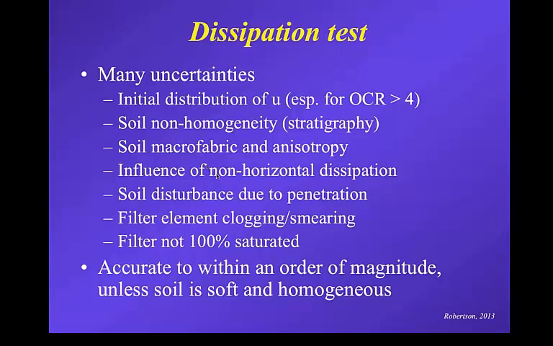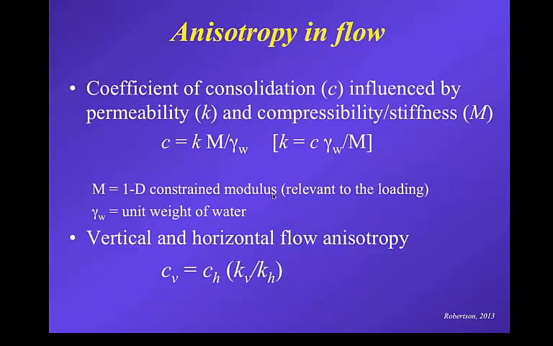So there are many uncertainties. The big one is the initial distribution, particularly when you get into stiffer soils, over-consolidated soils. Non-homogeneity, so stratigraphy. If you've got sand layers above and below, or vice versa, clay layers above or below, then dissipation is not truly horizontal. You start to get some vertical dissipation affecting the results.